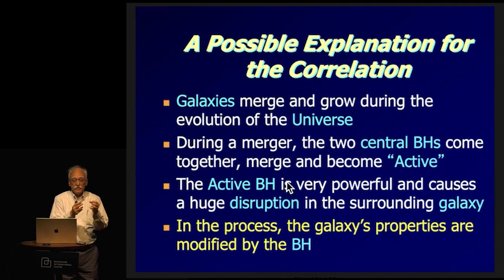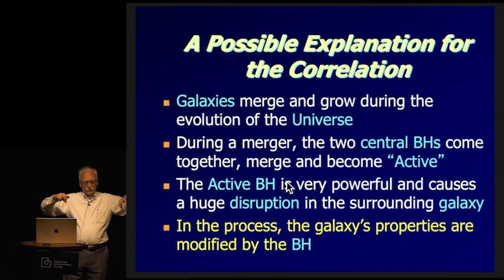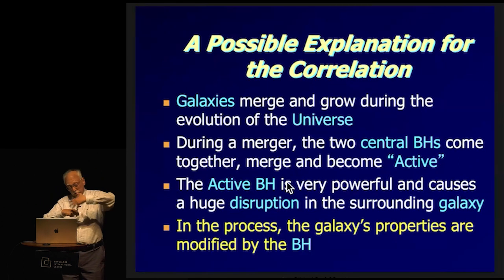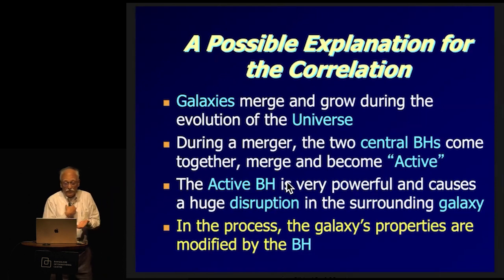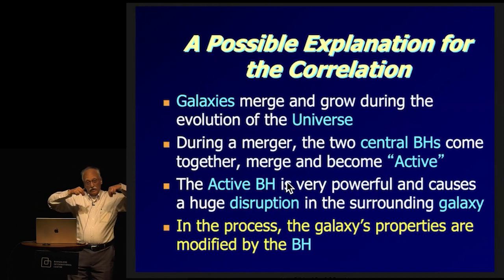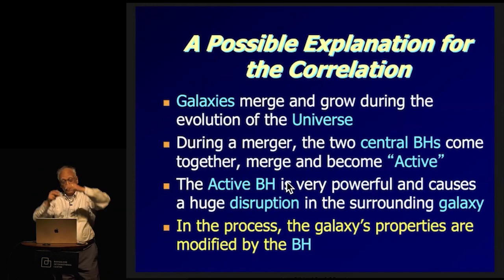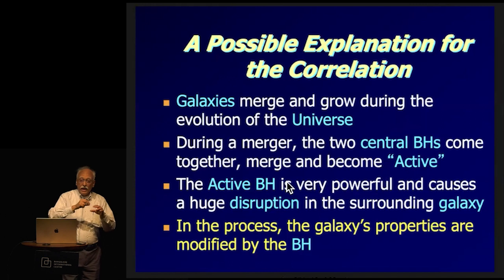Galaxies merge. They form as smaller objects, and then they merge over a period of time and become bigger and bigger galaxies. Our own galaxy would have gone through a huge number of mergers in the past before it became what it is today. And if you imagine that each of these pieces had a little black hole sitting in the center, those would have merged, and they would have kept accumulating and becoming bigger and bigger.